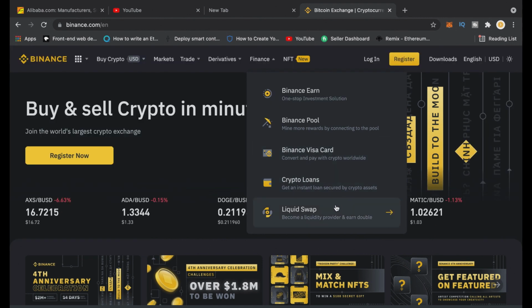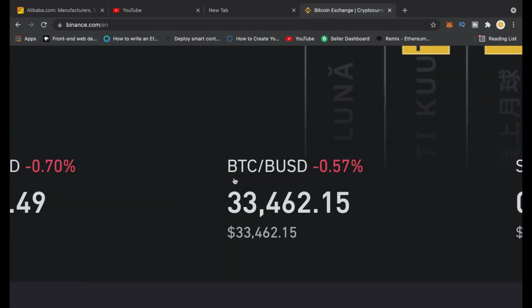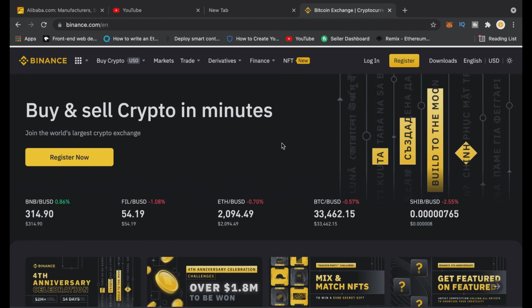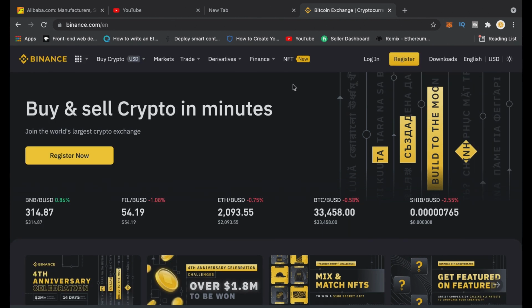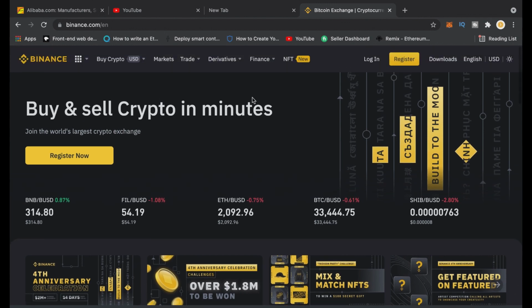Here is a liquidity swap. Become a liquidity provider and earn double. You understand? You can provide liquidity and then earn double. Like you just stake your money for some certain number of days or weeks or months for the platform to use the money for transactions and stuff, and then you get rewarded.